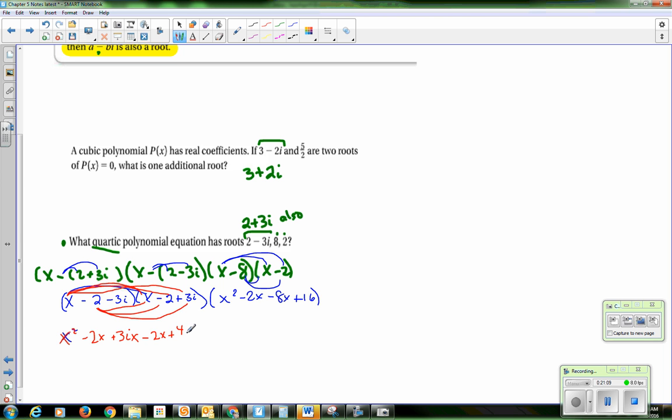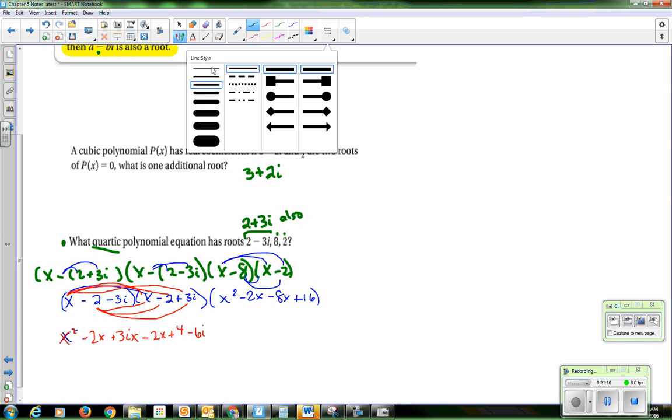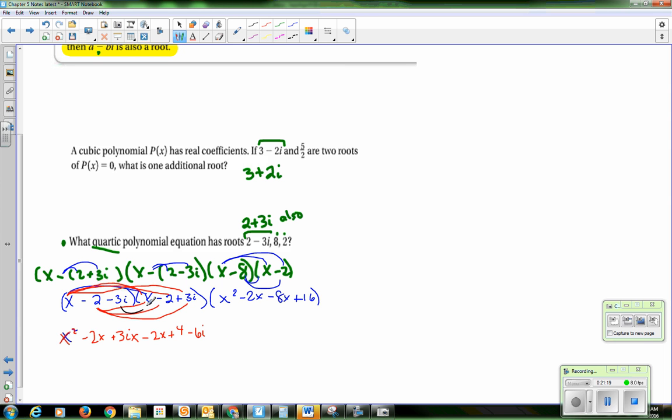Negative 2 times 3i is negative 6i. And everything's going to get multiplied by negative 3i. Negative 3i times x is negative 3ix. Negative 3i times negative 2 is positive 6i. Negative 3i times 3i is negative 9i squared.